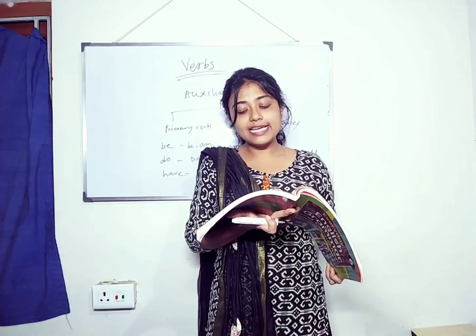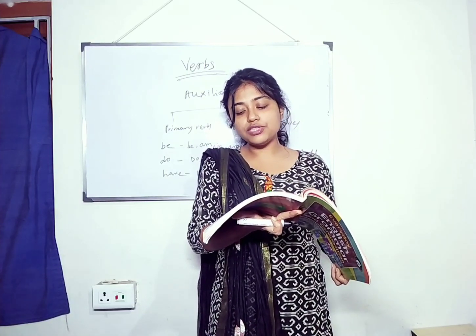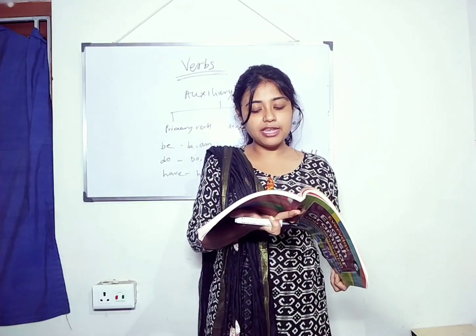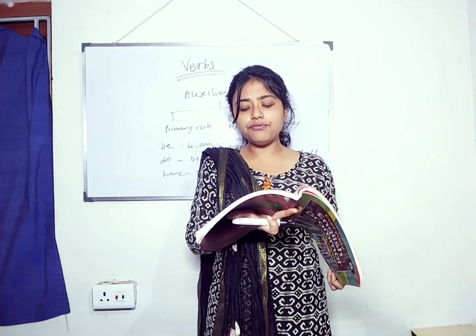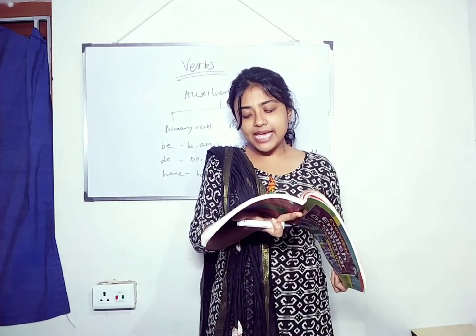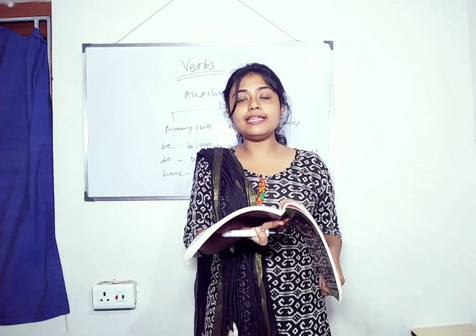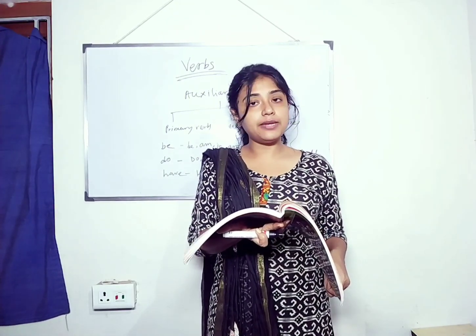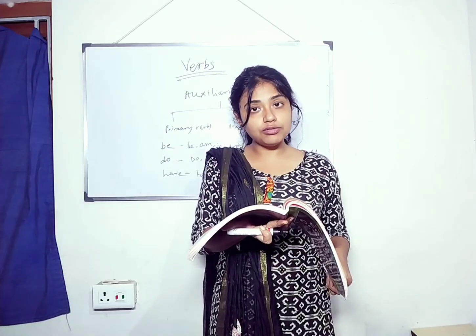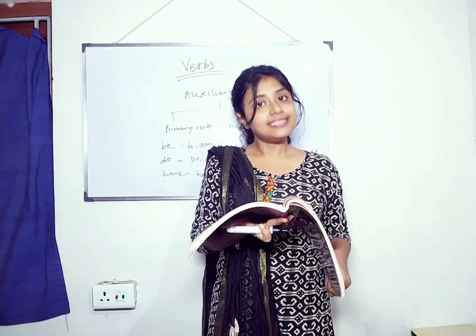Rewrite the following sentences correctly using the auxiliary verbs given in brackets. The meaning of the sentences may change when you rewrite them. So what we have to do, basically the auxiliary verbs are given within brackets. We need to use that and rewrite the sentences.